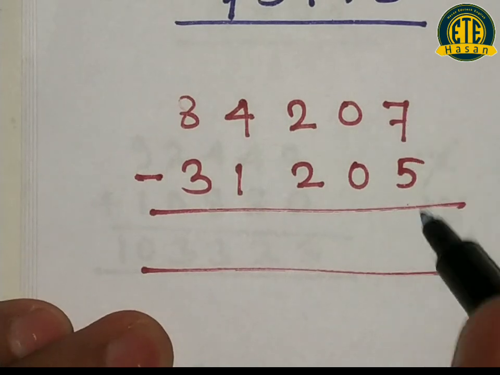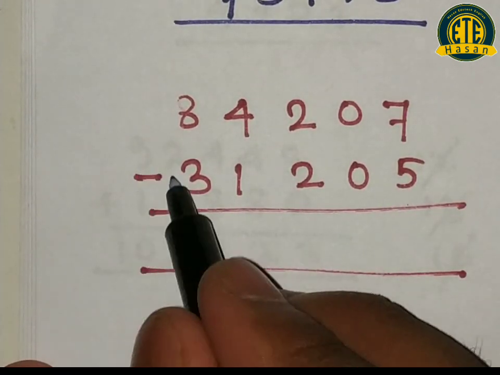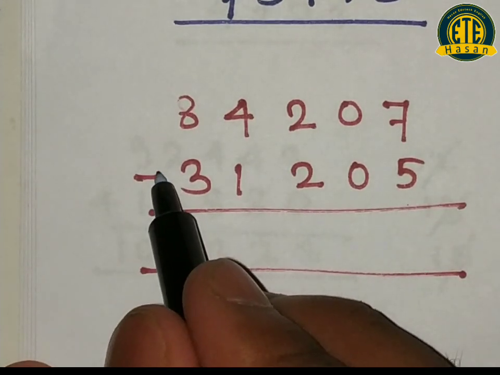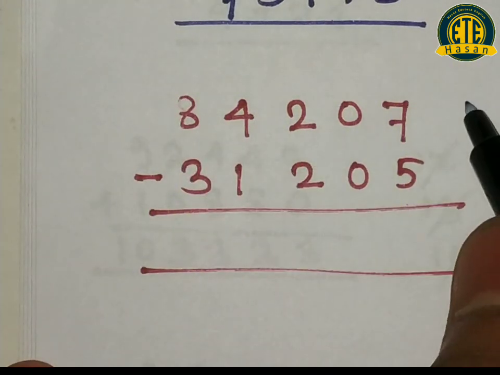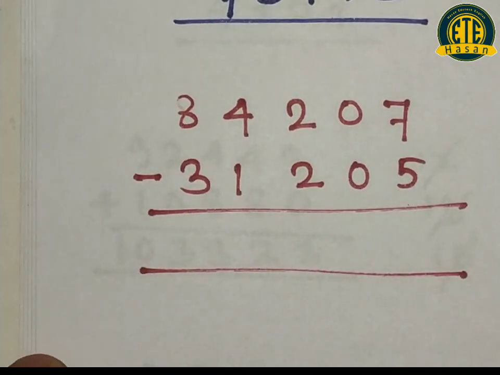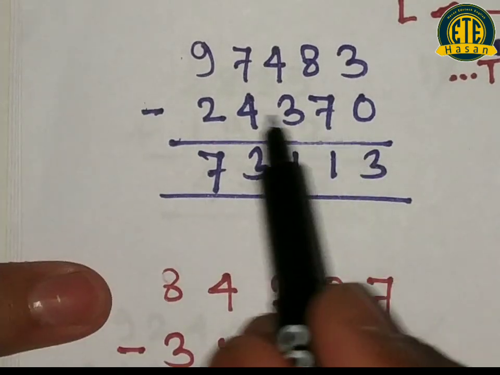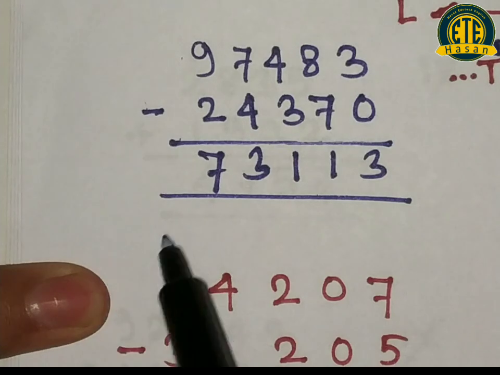Where is the minus sign? It is on the bottom number. So we have to subtract from the top number to the bottom number. Here also you can see the minus sign is before the bottom number, so I subtract from top number to bottom number.